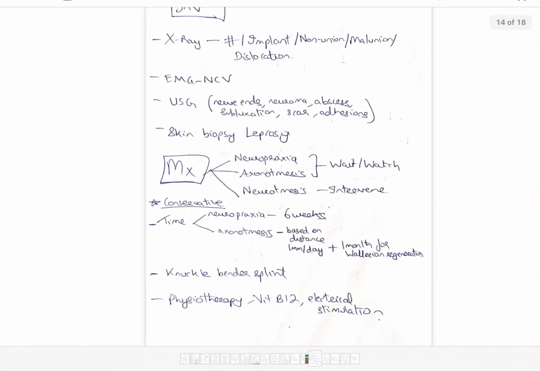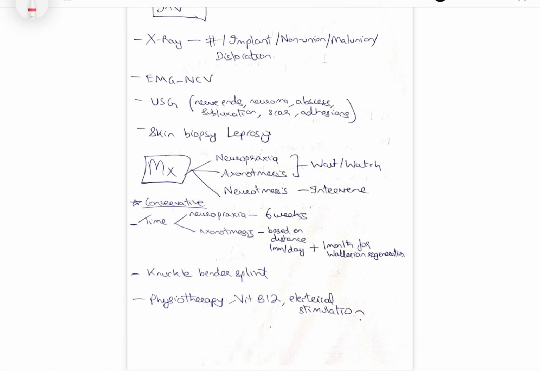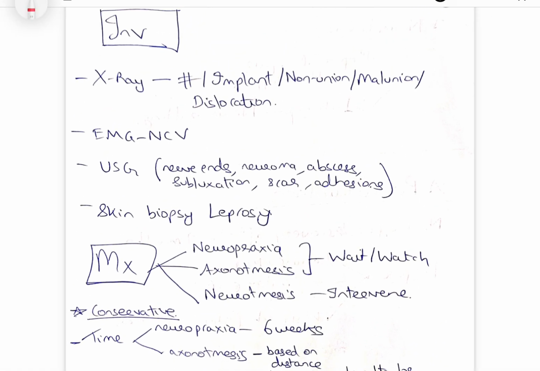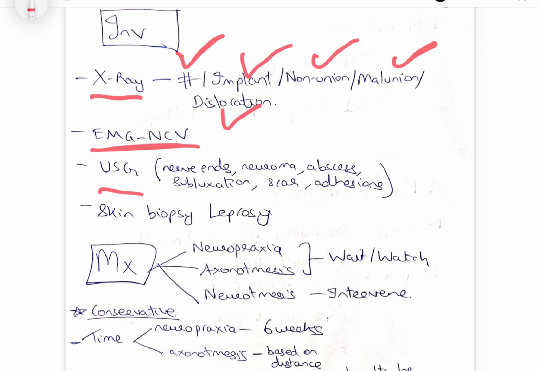Okay. Now moving forward, we are going to understand the management of a case of ulnar claw hand. So what are the investigations? As we all know, we do an X-ray to check for any fracture, dislocation, implant impingement, non-union, malunion, lateral condyle of humerus, all those things. We check for EMG, NCV, and we check for USG. Usually, why do we check for USG?